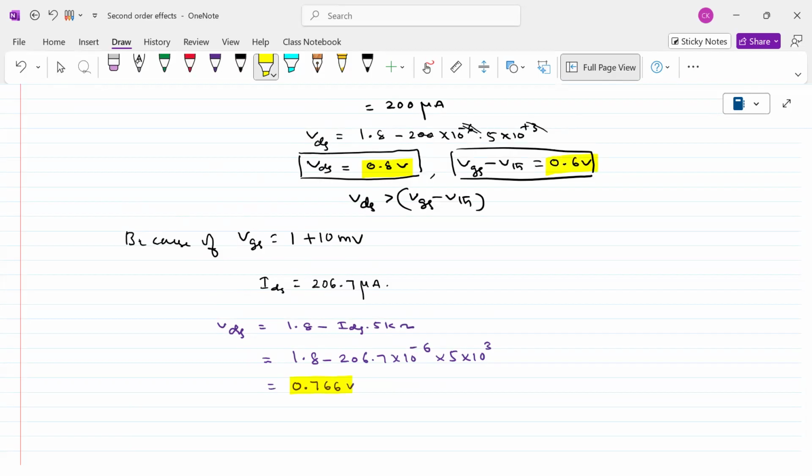If I say, for example, that you want to make this transistor operate in the linear region, what VGS do I have to apply? What VGS should I apply here? How much VGS should I increase so that it will enter into the linear region?